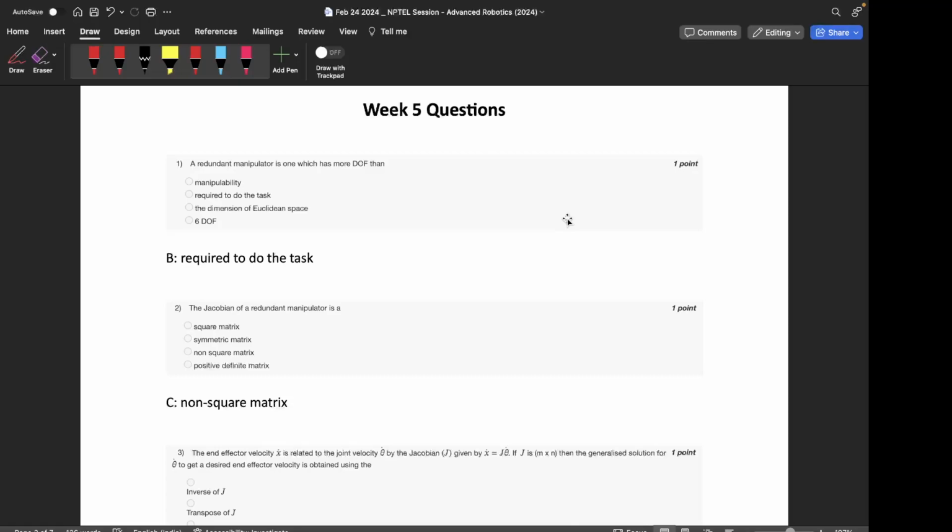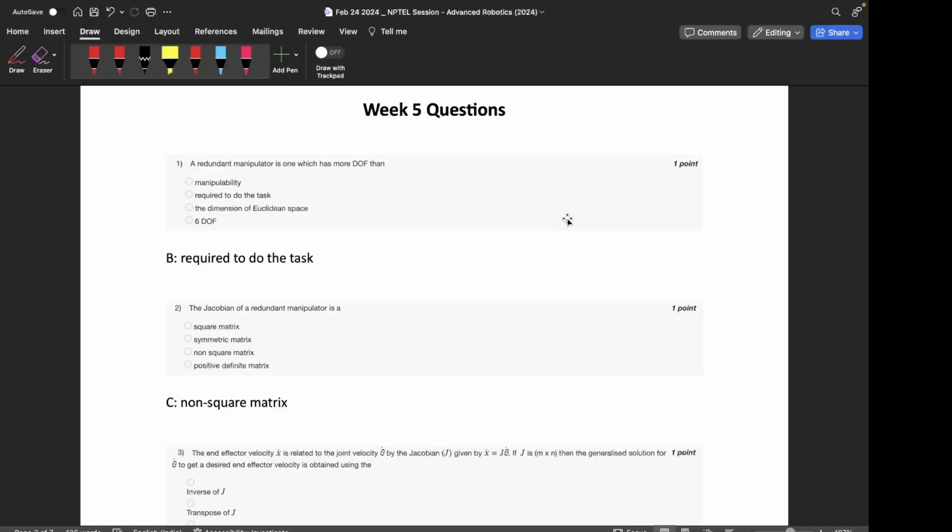But if we put three links there, then one link is extra, right? It's not the bare minimum or necessary. So whatever extra links are there, those are redundant links. And you can put two, three, four, however many links. But practically, after a point, it does not make sense to put so many redundant links. But redundancy helps.